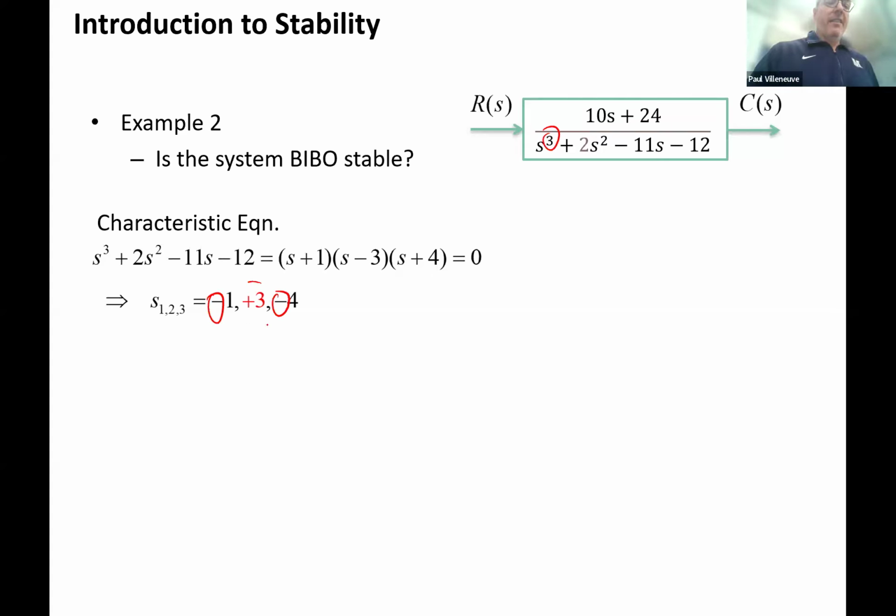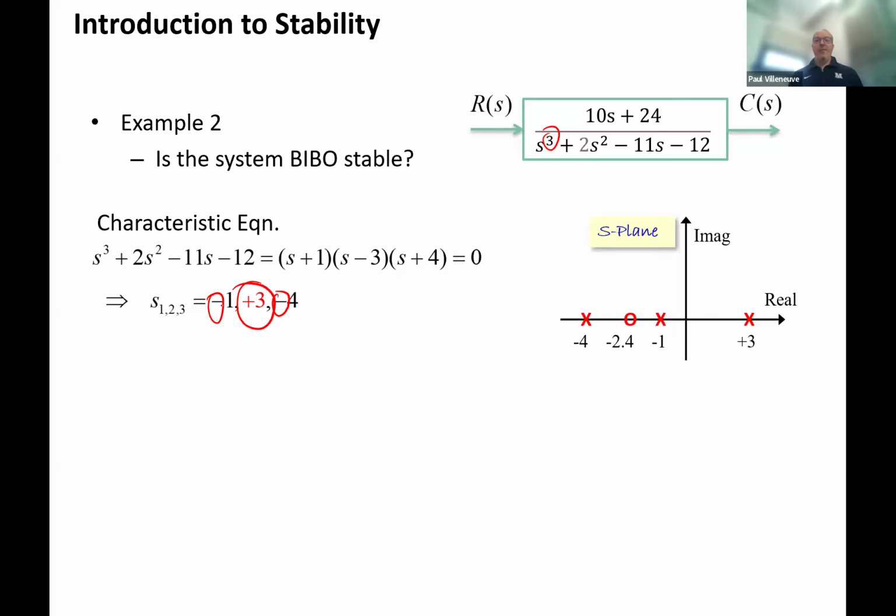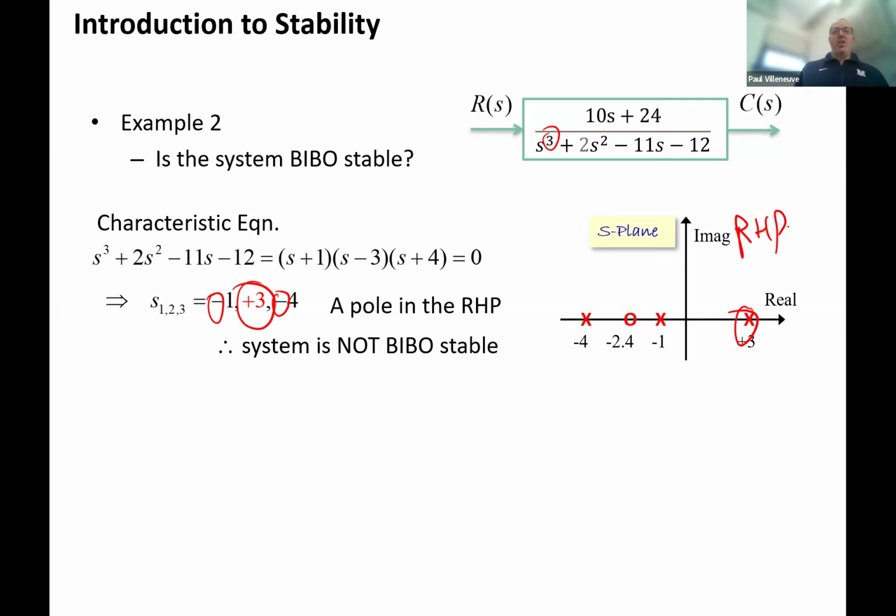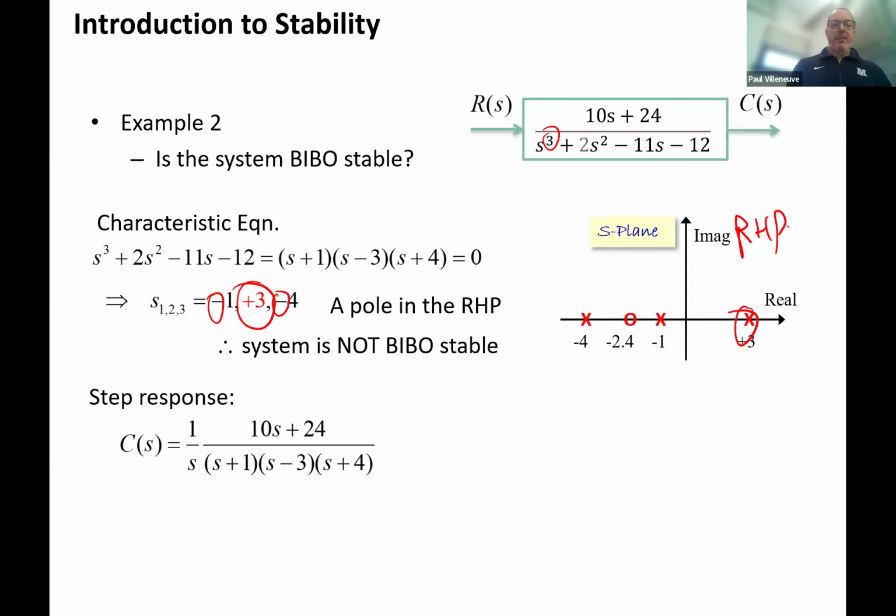Negative, negative, but positive. So if I plot this, I plot a pole way over here in the right half plane. Because I have a pole in the right half plane, and not all my poles are in the left-hand half plane, this is not a stable system. It is not BIBO stable.